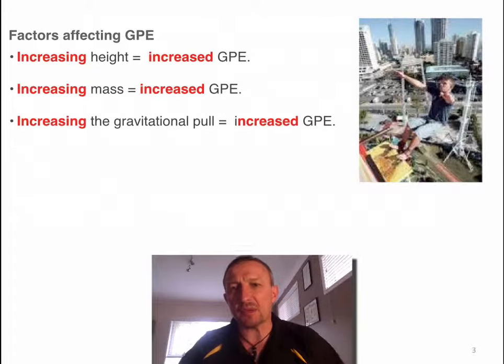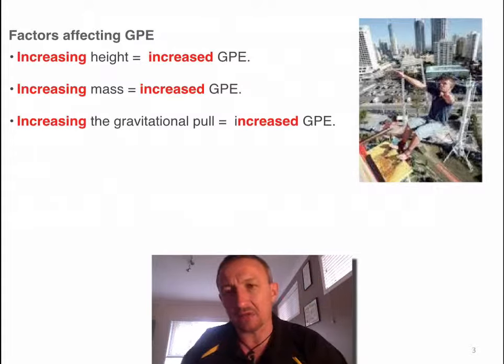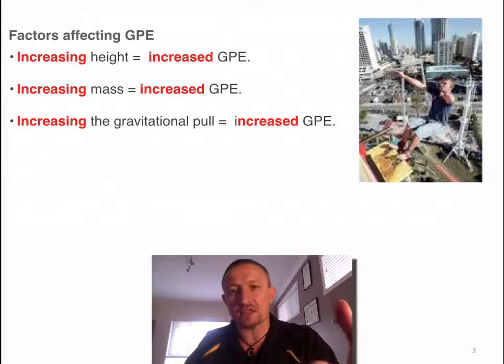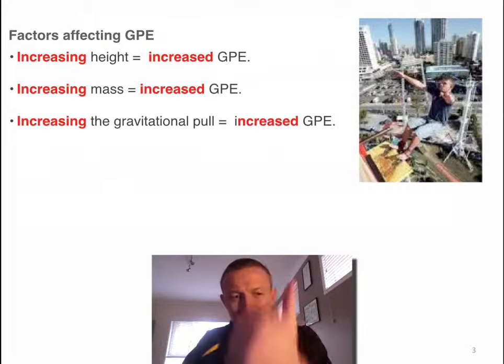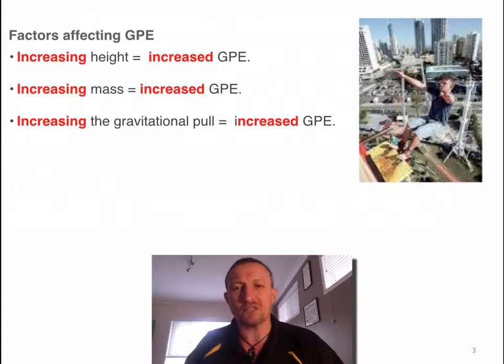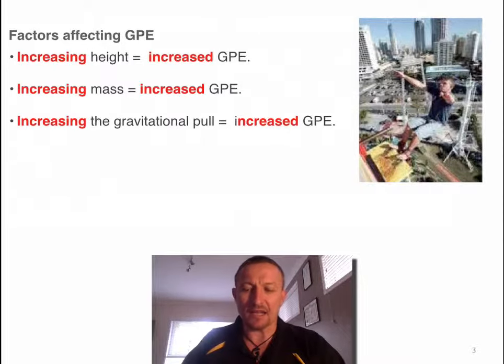It will then be converted into elastic energy as the rope stretches, and we'll talk about that later on. But you can see he's high up. He's got his mass, he's got his height, and the acceleration due to gravity will be the same. So as a result, he will have a specific amount of kinetic energy.